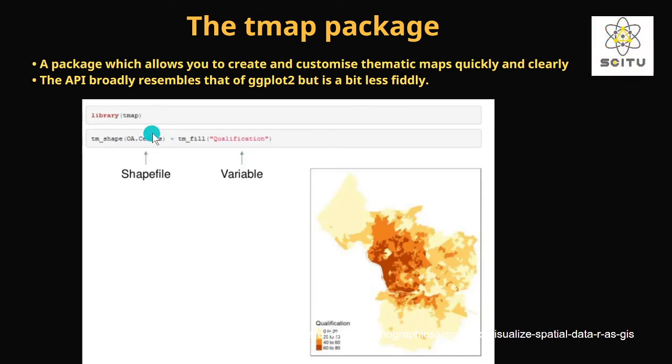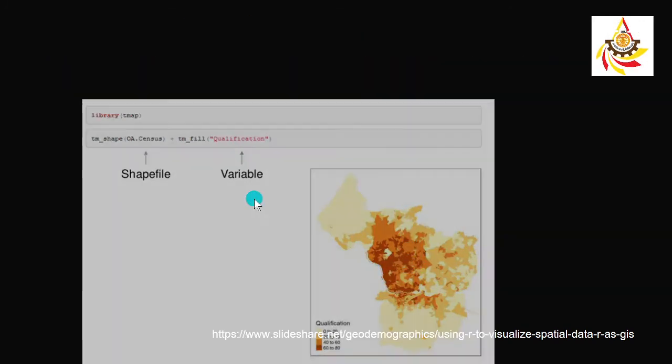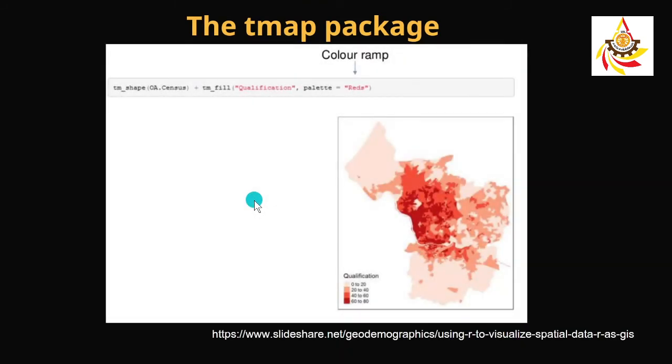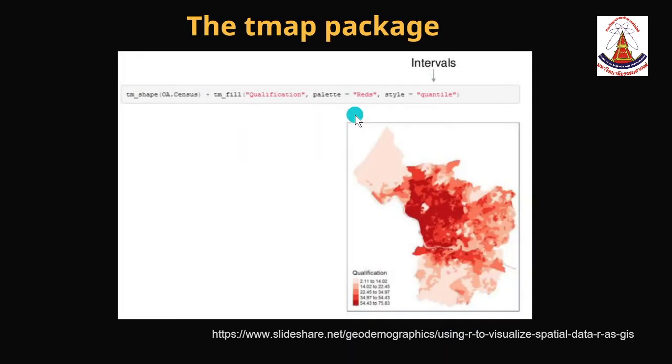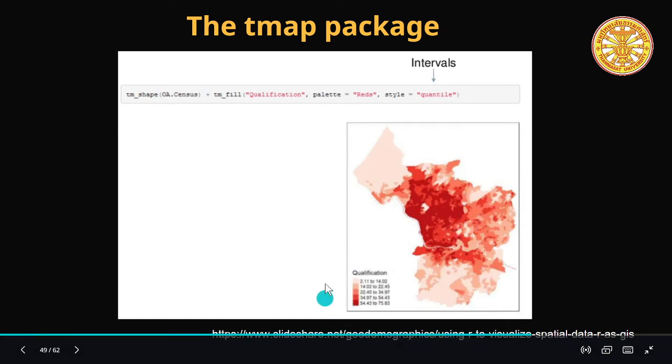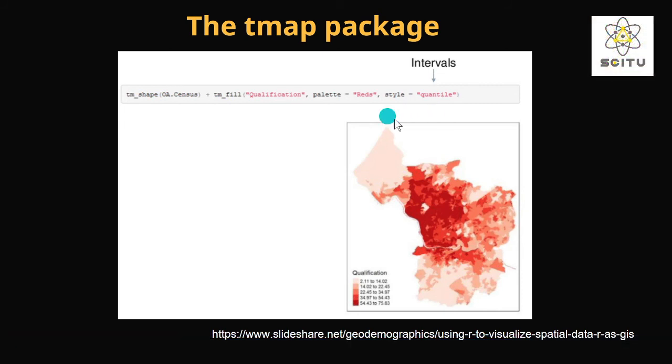Then you have attribute data, which is input to fill in the color by variable. If you don't like the yellow color, you can change the color by using palette. If you would like to classify or group your data by quantile level, you can change it by using style.